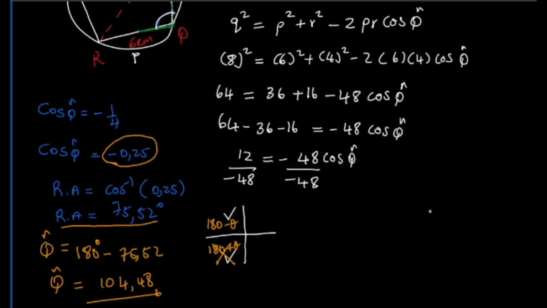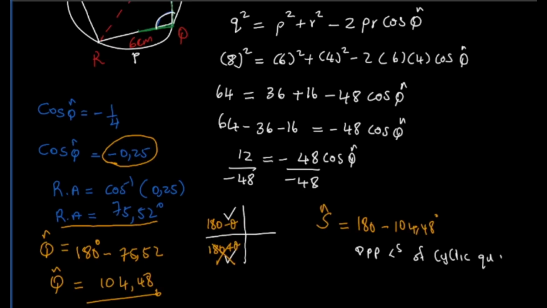So now, what is your final answer? We're going to say angle S is equal to 180 minus 104.48. Reason: opposite angles of a cyclic quad are supplementary. What does supplementary mean?